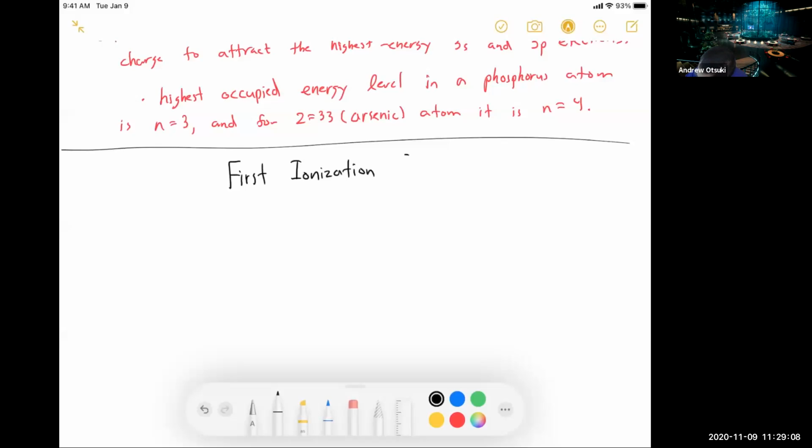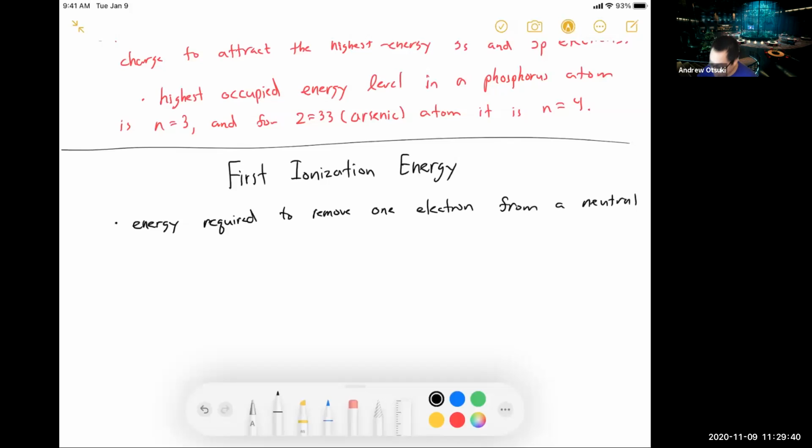The first ionization energy is defined as the energy required to remove one electron from a neutral gaseous atom of an element.